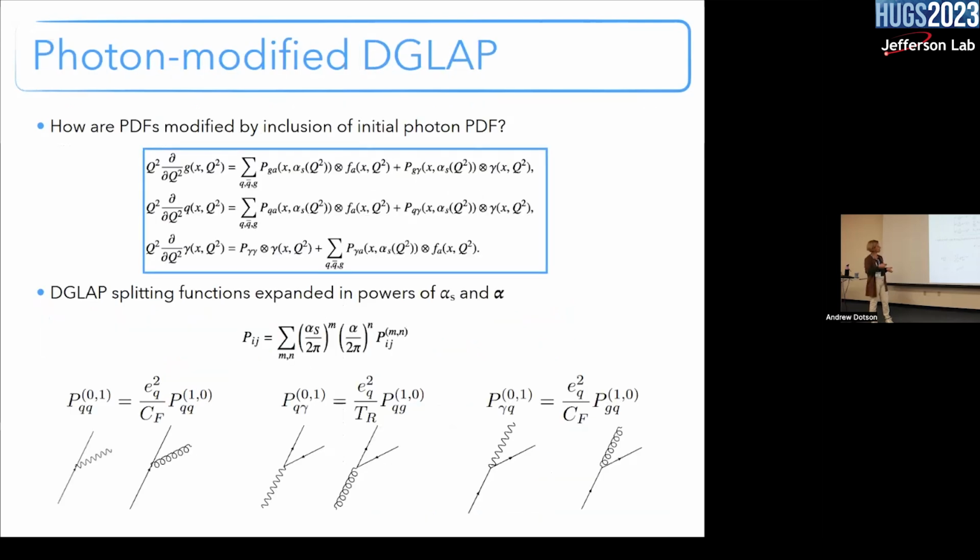How do you do it? It's simple. If you are at leading order, it's very simple. Remember that we calculated the splitting of a quark into a gluon, right? So this was the P_qq, the probability that the quark becomes a quark after emitting a gluon. You have to do the same for the photon. So the function that we calculated is exactly the same.